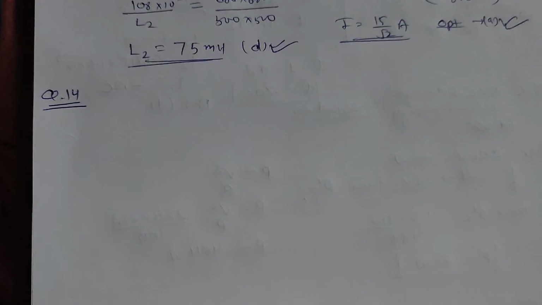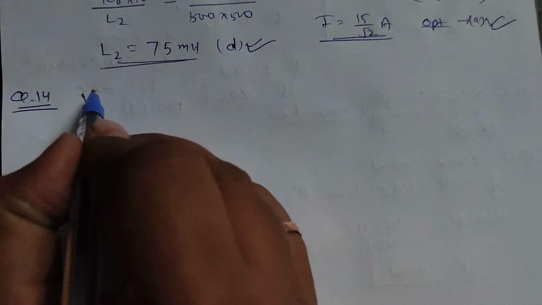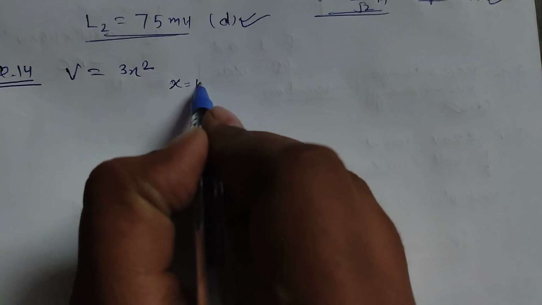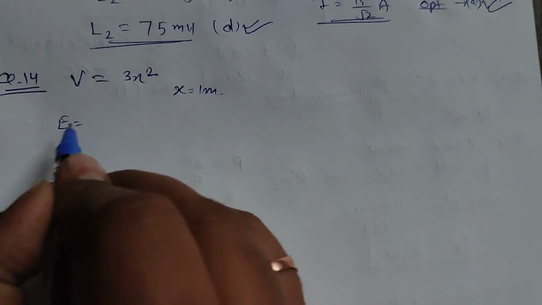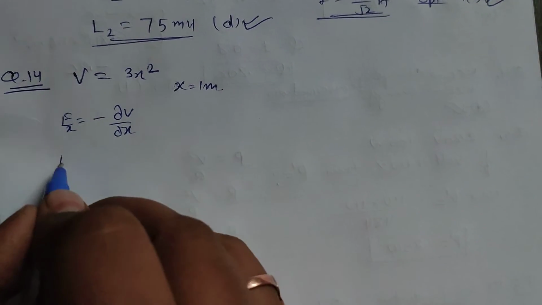In question number 14, the given data is electric potential V is equal to 3x square, and they want to know about the electric field at x equal to 1 meter. Then E x is equal to minus del V upon del x.